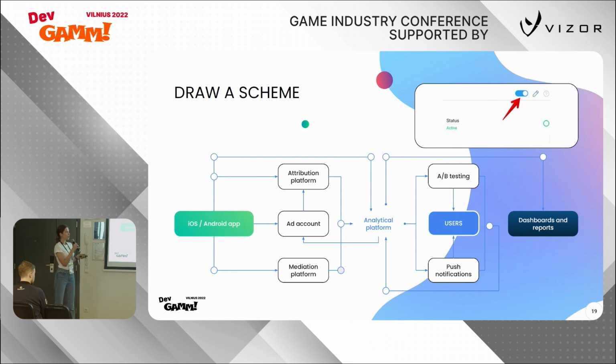So you need to be sure that you can create this segment in your analytics platform and send it to the push notifications tool, and that your push notifications tool can send data again to the analytics platform, so that later you can check the user flow before or after users receive the push.